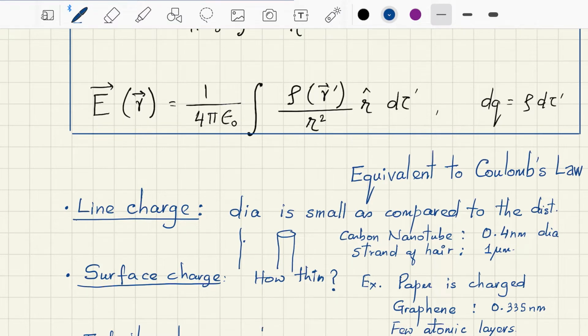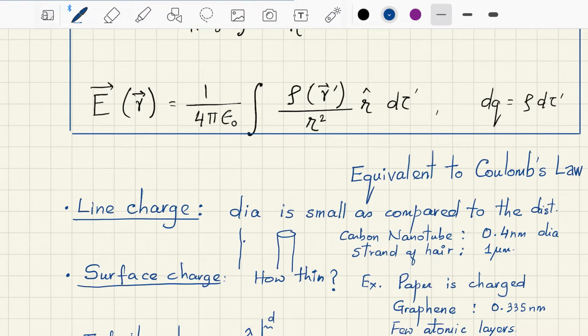For example, it could be just a 1 centimeter line of charge, let's say lambda, but if the field point is at this distance d, and d is much less than the length of the filament, then we can consider it to be infinity.